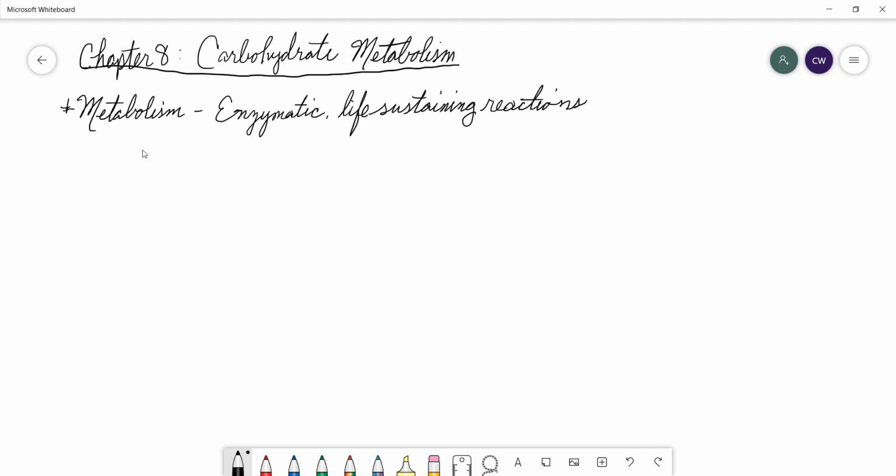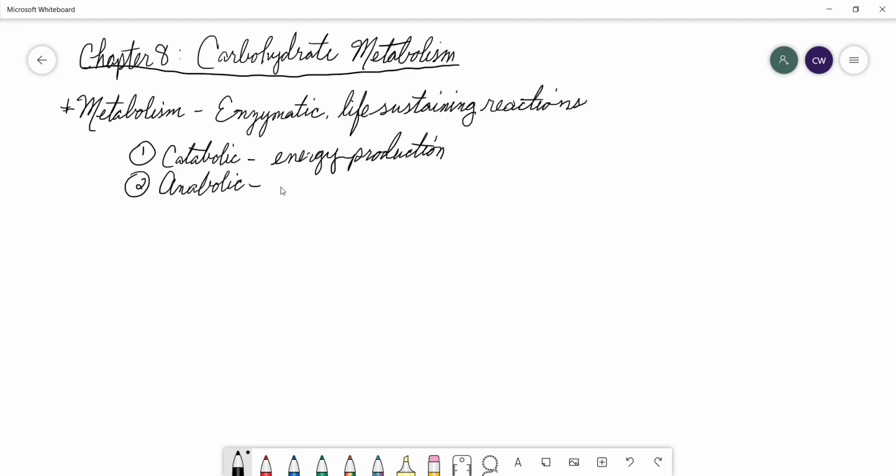We have two classes of metabolism. First is catabolic, and catabolic reactions are those involved in energy production. The second class is anabolic. You may have heard the term anabolic steroids before, and those are used for bulking up because anabolic metabolism is biomolecule synthesis.